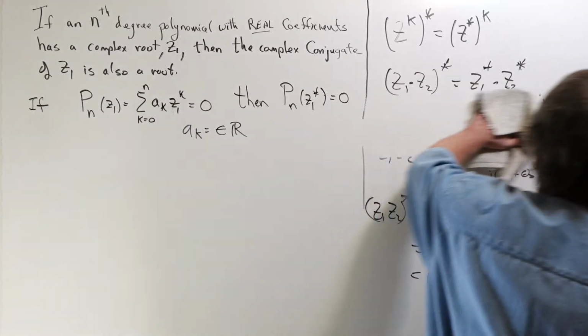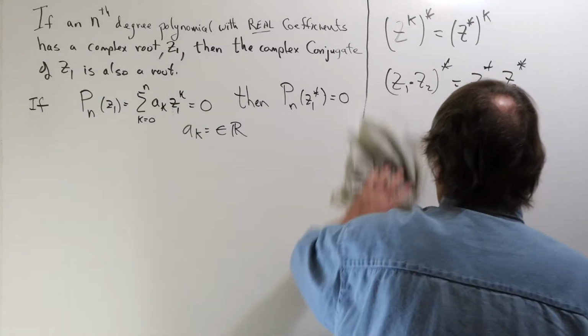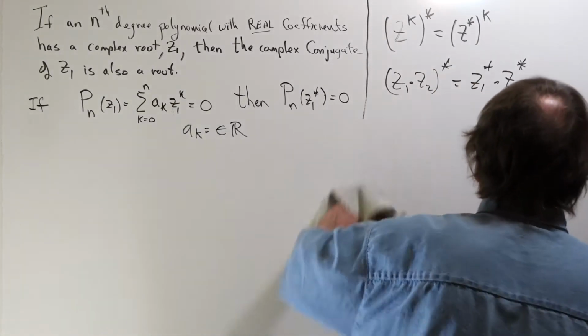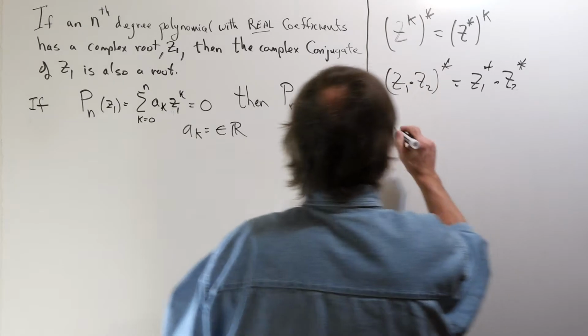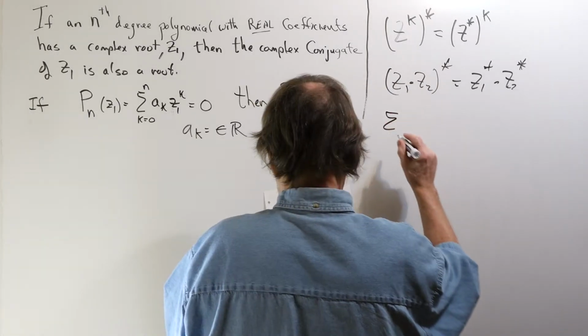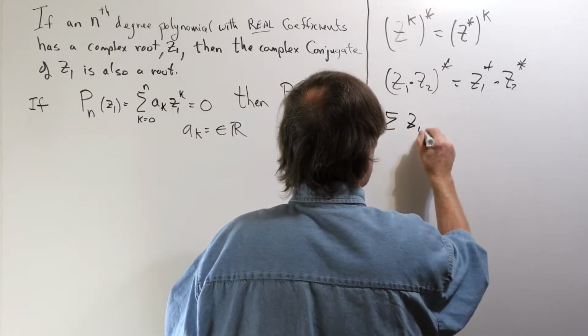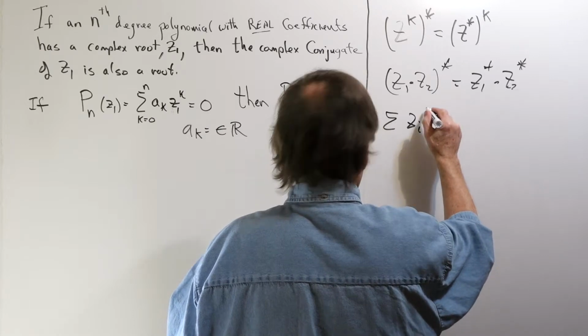Okay, now we'll do a third property. The third property would be if we have the sum of several complex numbers.